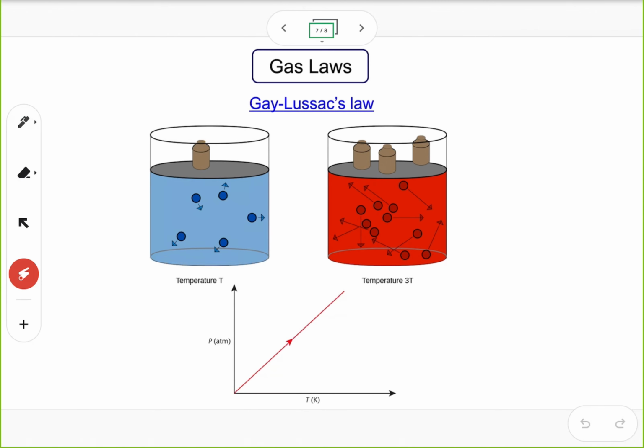So that tells us higher temperature, higher pressure. Mathematically, the connection between the pressure and temperature is P equals a constant times temperature. When we talk about Gay-Lussac's law, we're going to take volume as a constant. Can you see the volume of those two pictures?